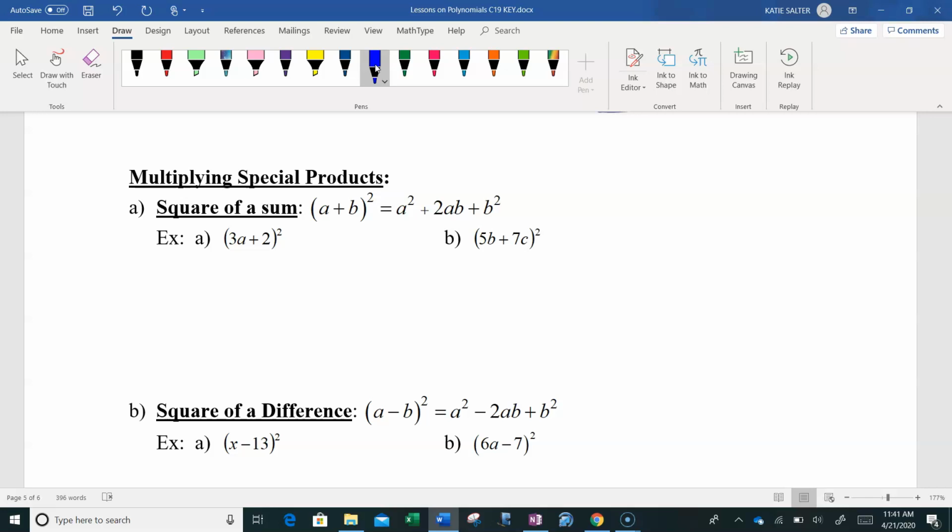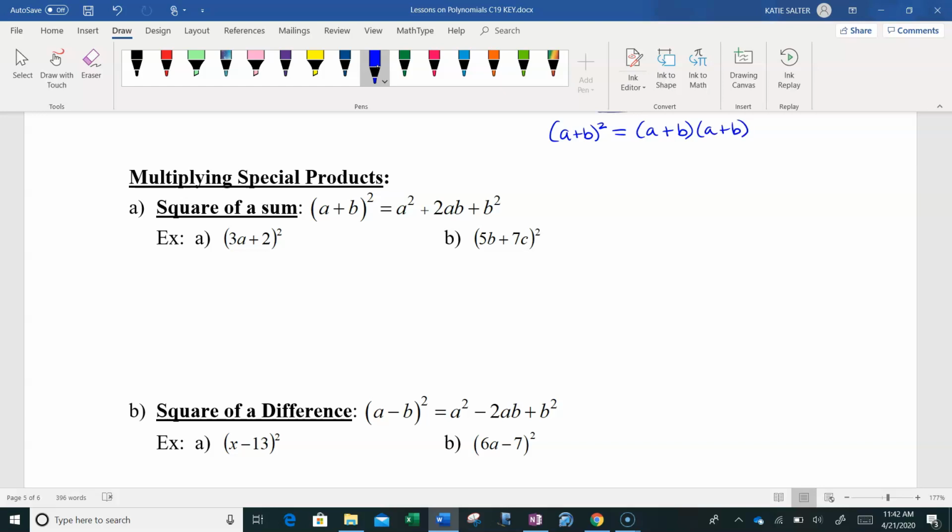If I have (a + b) squared, think about what it means to square something. It means to multiply it by itself. That really means to say (a + b) times (a + b).